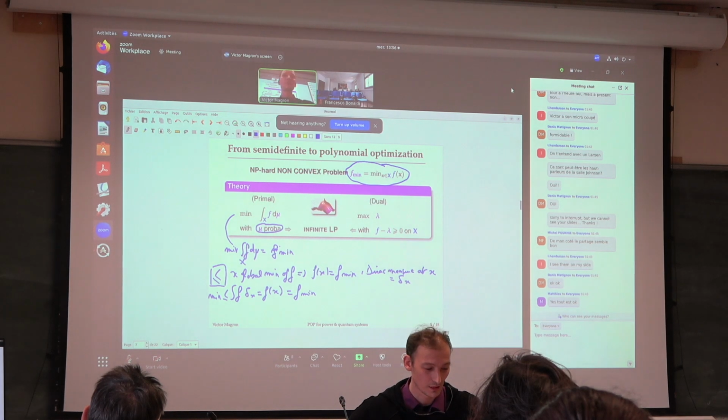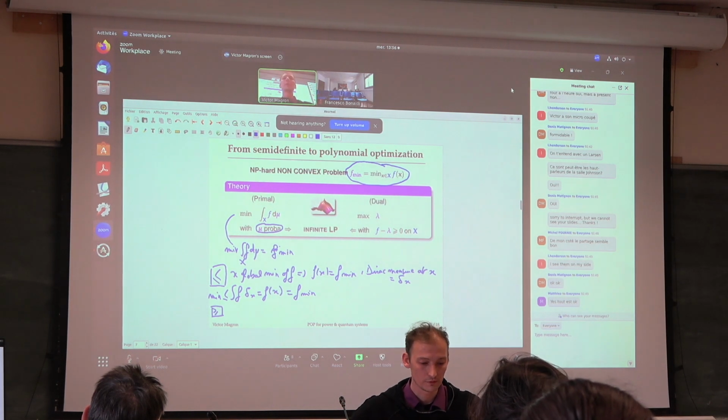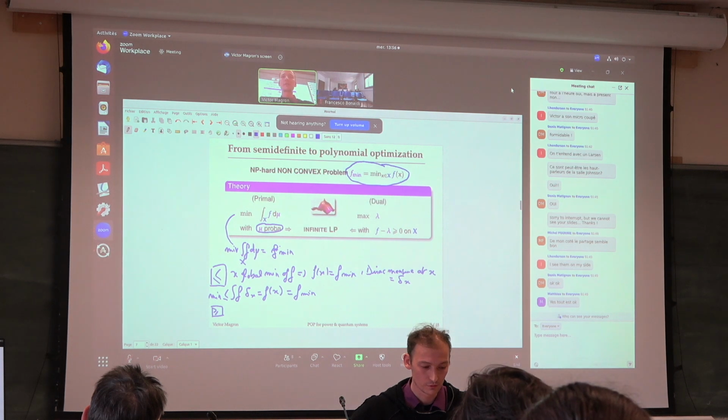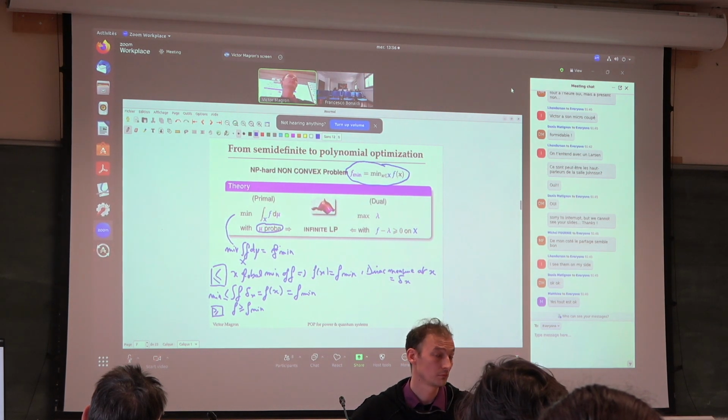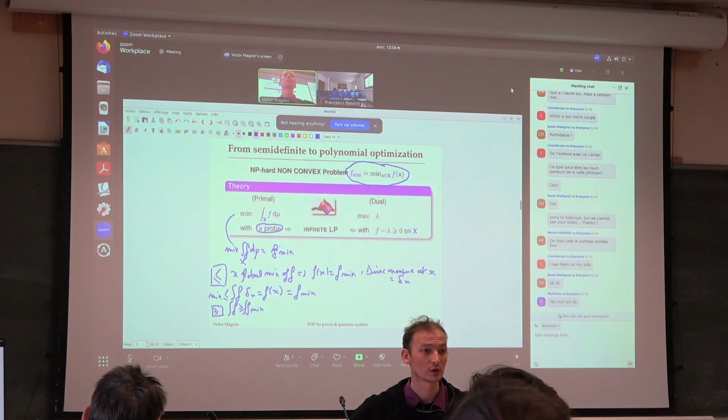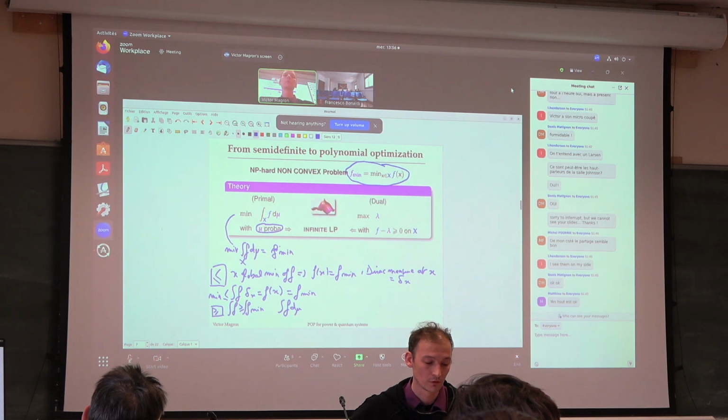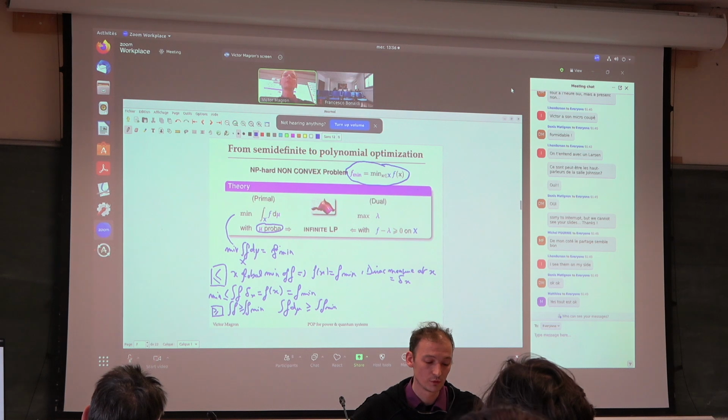So let's prove the other direction. You know that f is greater than f min by definition of the minimum. And then we're going to integrate with respect to any measure. So then we obtain the integral of f d mu greater than the integral of f min d mu.